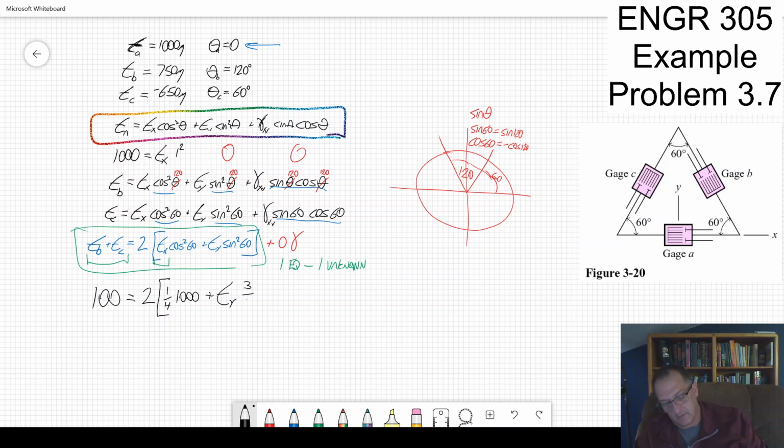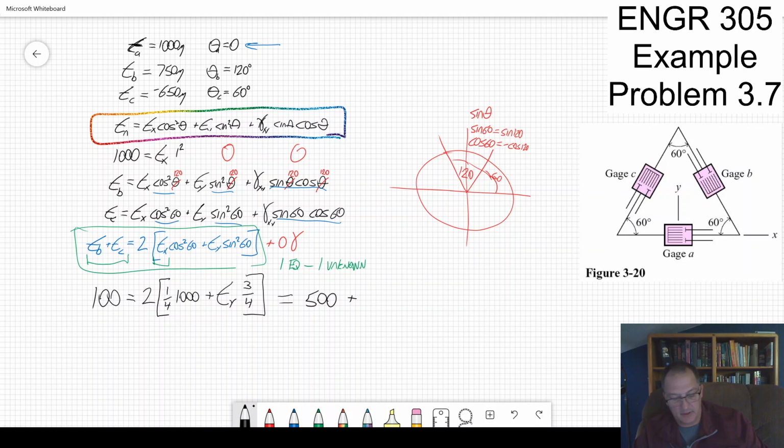I've got 2/4 of 1,000 is equal to 500, plus 3/2 y, strain in the y direction.